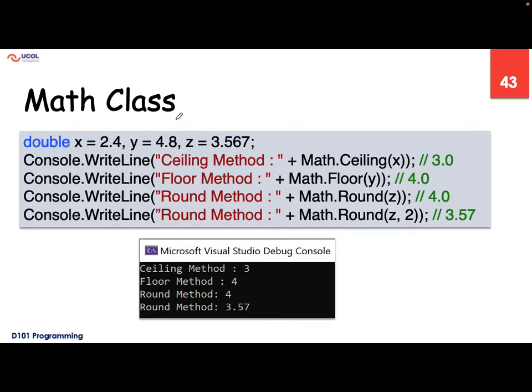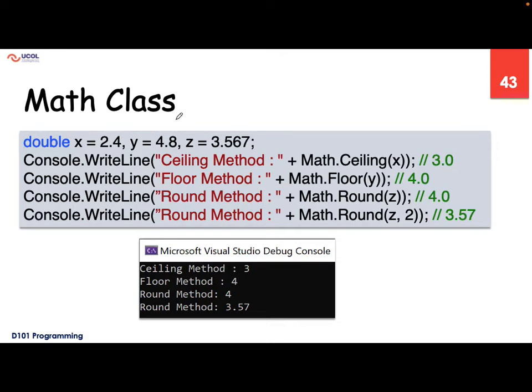All those things we need to provide. So, here we are applying ceil on x. The ceiling method takes a double value as input. So, we have the double value 2.4 and it will return a complete number.